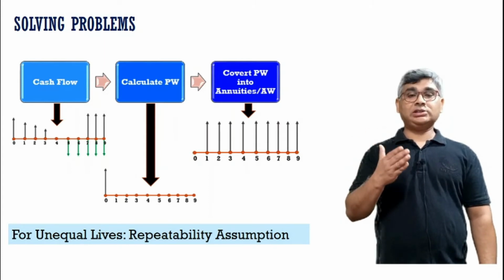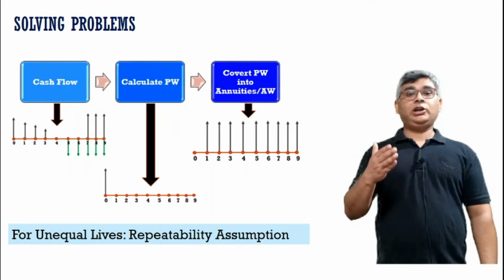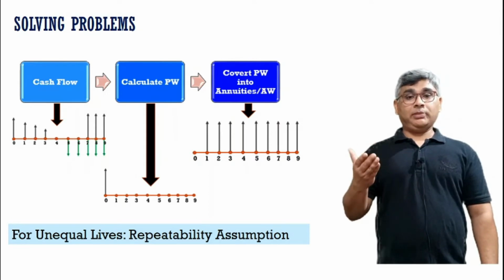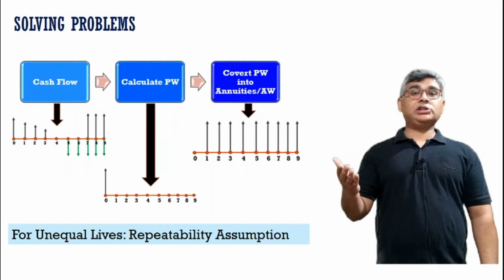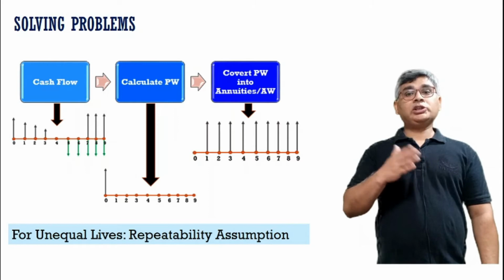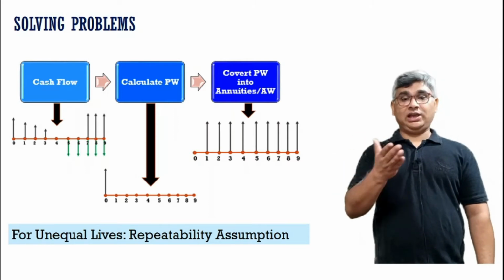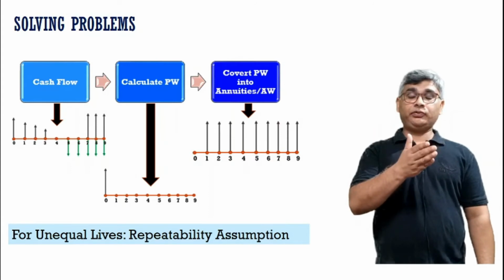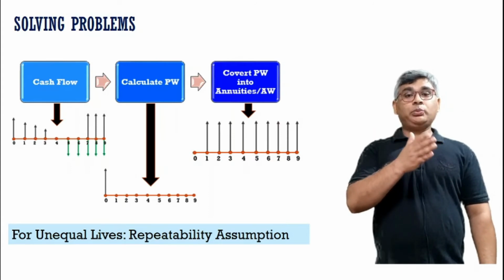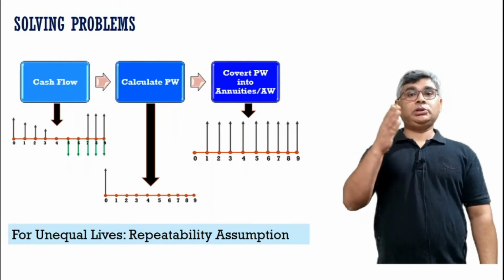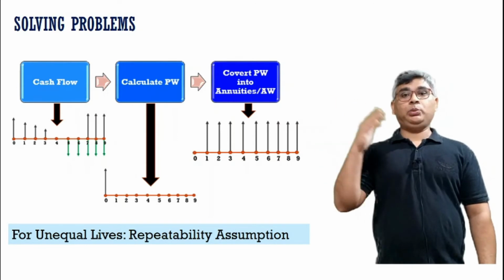One can directly apply the standard formulas which are available for the conversion of P, F, G and A, so that can be readily applied. So we have a cash flow, we first find out the present worth, and once we have the present worth, then using the relationship between annuities and the present worth, this present worth is converted into annuities.